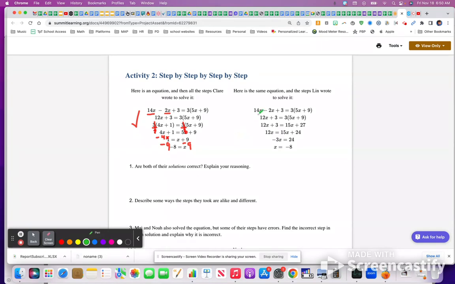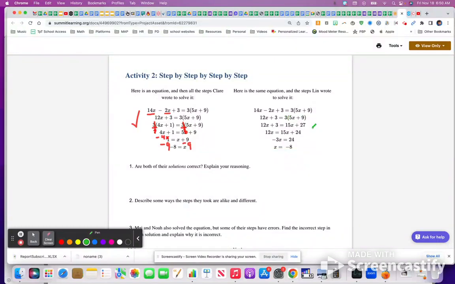Lynn said, I have 14x minus 2x plus 3 equals 3 times 5x plus 9. What Lynn did was she also subtracted the 2x, 14x minus 2x is 12x plus 3, and then she kept this the same.